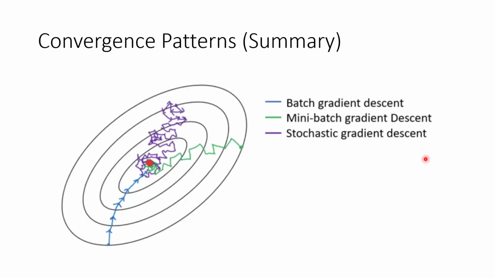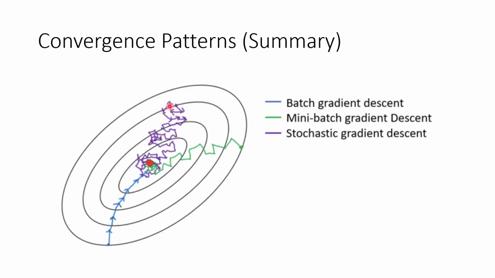So by looking at these contour curves, you can see how each of them is converging. Like this blue one is the batch gradient descent. You can see how smoothly it is moving to the optimum point. And this is stochastic gradient descent in the purple color. You can see it is moving here and there. It's a very rough path.